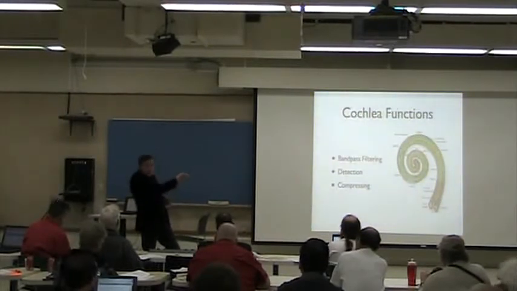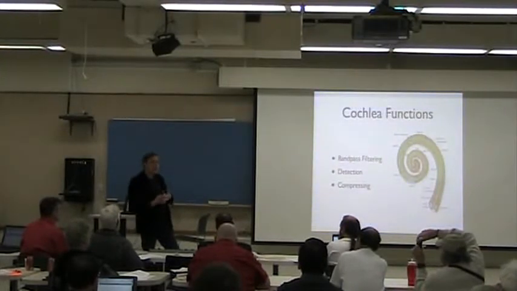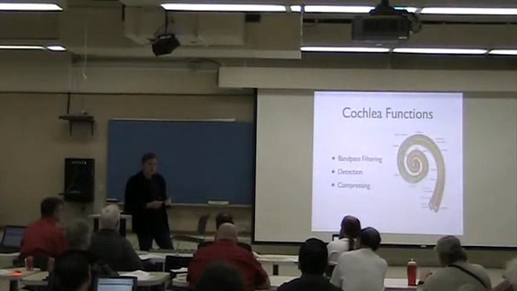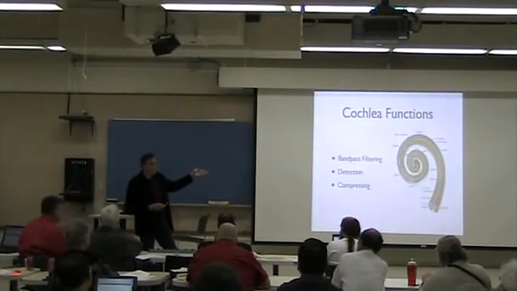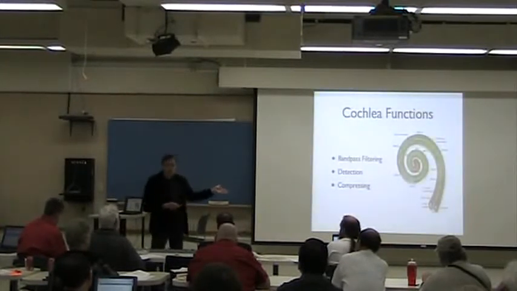Because inside the cochlea we compress this dynamic range, so it goes to your brain in compressed form. So we have a band pass filter, a detection or magnitude analyzer, and a compressor.